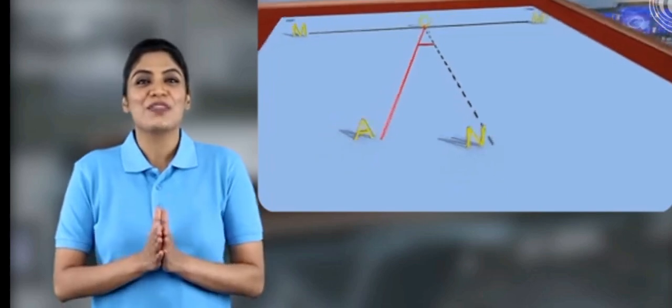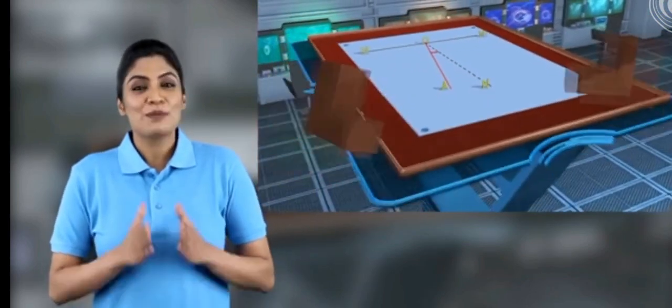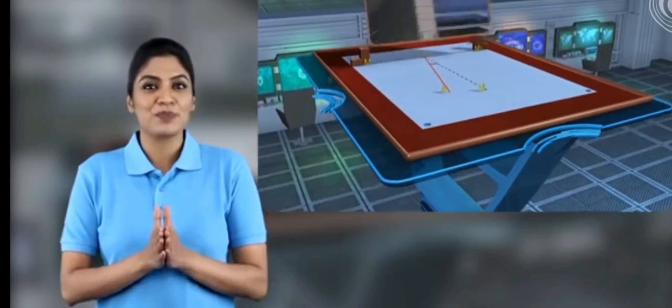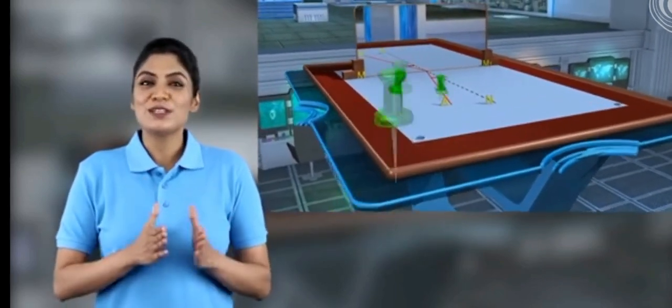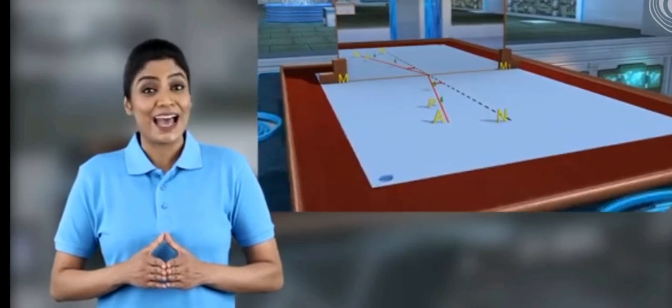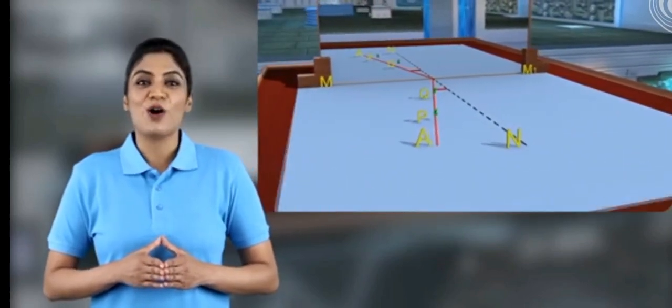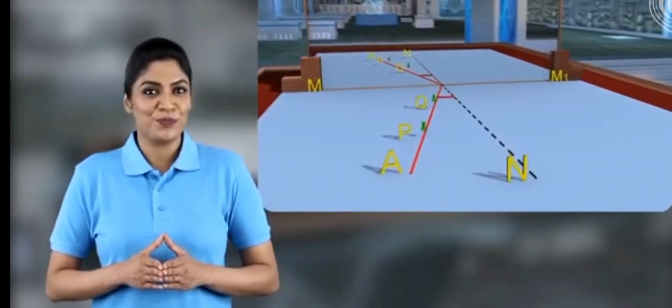Now, with the help of a stand, place vertically a smooth plane mirror on the line MM1. Fix two pins P and Q upright on the ray AO.